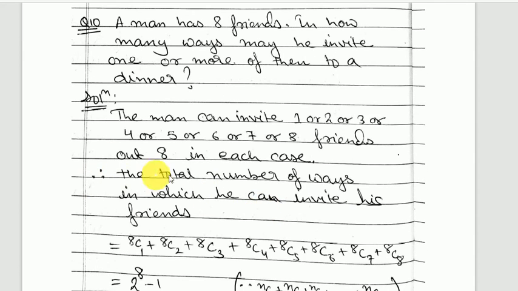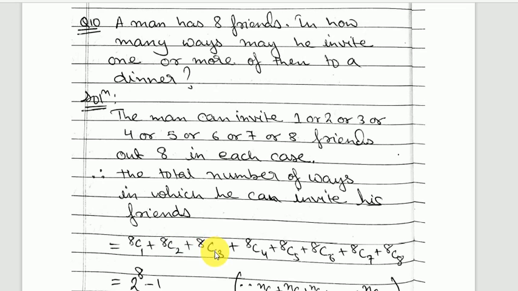Therefore the total number of ways in which he can invite his friends is as follows. Suppose he invites only 1 friend for the dinner; 1 friend out of 8 can be invited in 8C1 ways. Suppose he decides to invite 2 friends; those 2 out of 8 can be invited in 8C2 ways.